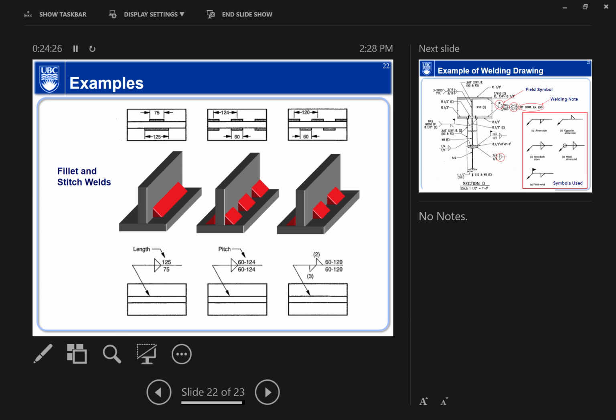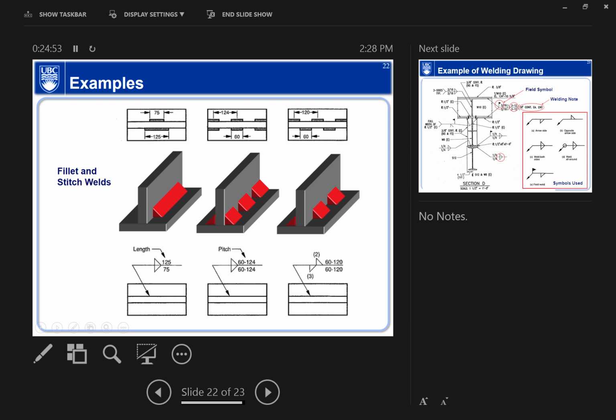The orientation could be different, but if you have a specification like this, then you should know on the arrow side is 75, the other side is 125. And here you have a fillet weld, so 60. Both sides the same, so it's basically 60 to 125 here.